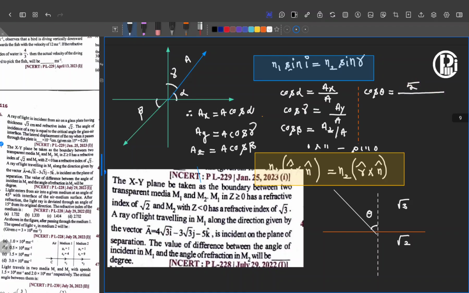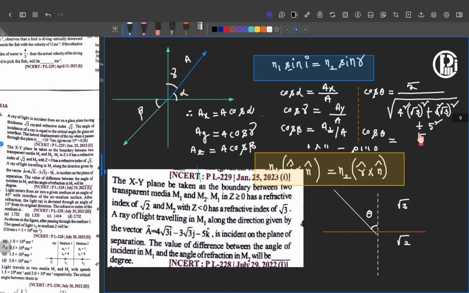A is nothing but the magnitude, so it is the square root of (4 root 3) squared plus (3 root 3) squared plus 5 squared.